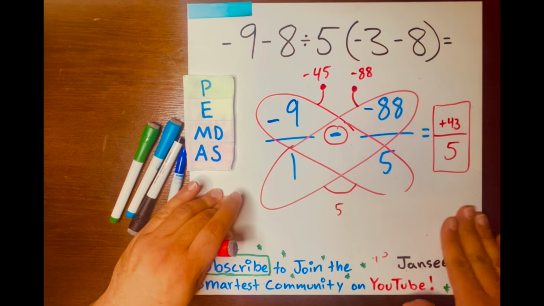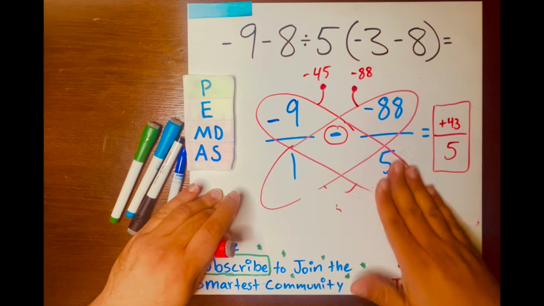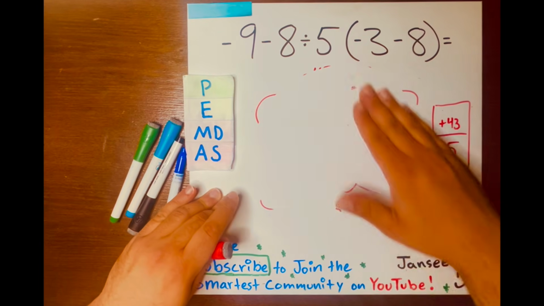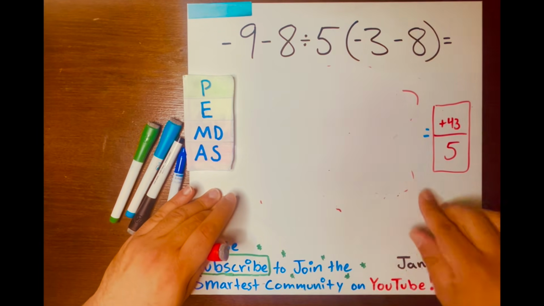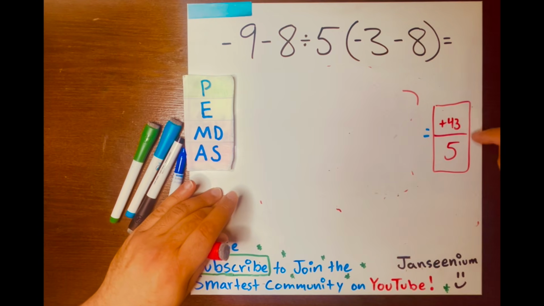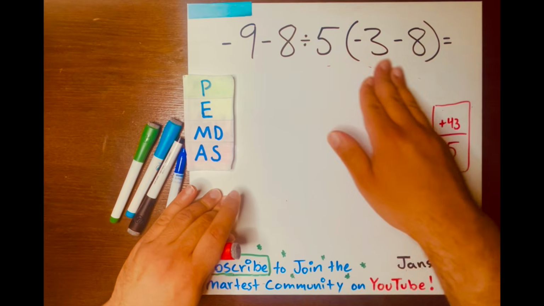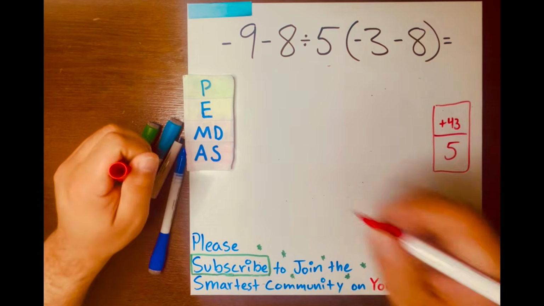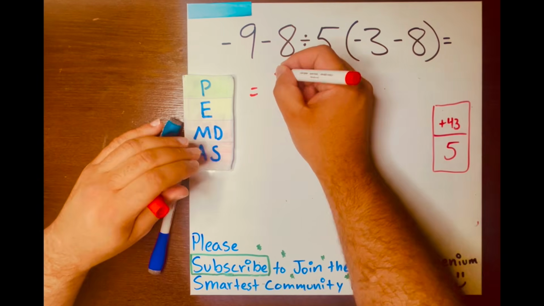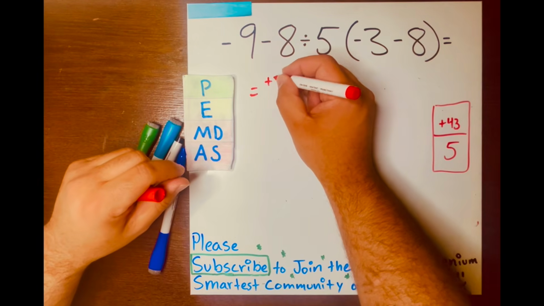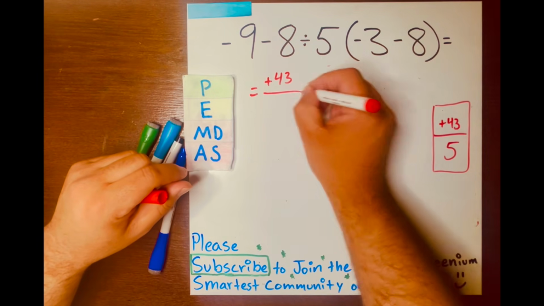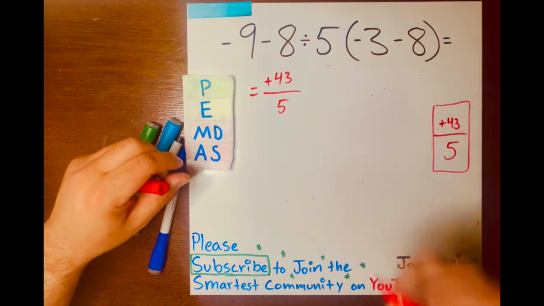Next, I'll use long division to get a decimal and a mixed number answer, because we can, since our answer is an improper fraction. Now, if it was a proper fraction answer, then no, we can't get a mixed number answer. We can only get a decimal answer. But in this case, we have an improper fraction answer, positive 43 over 5.